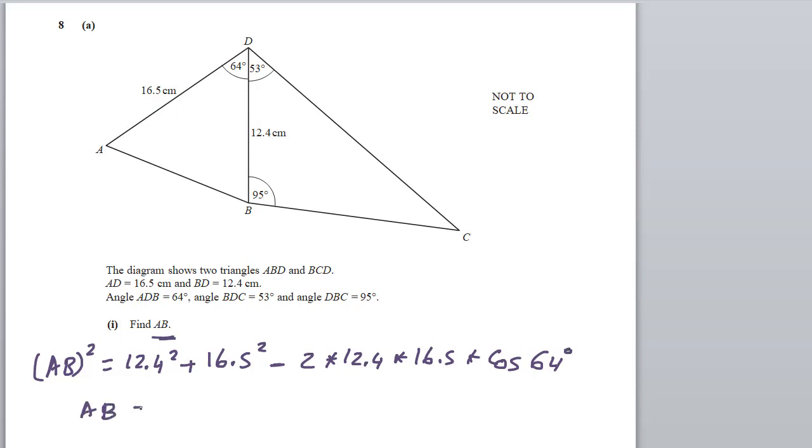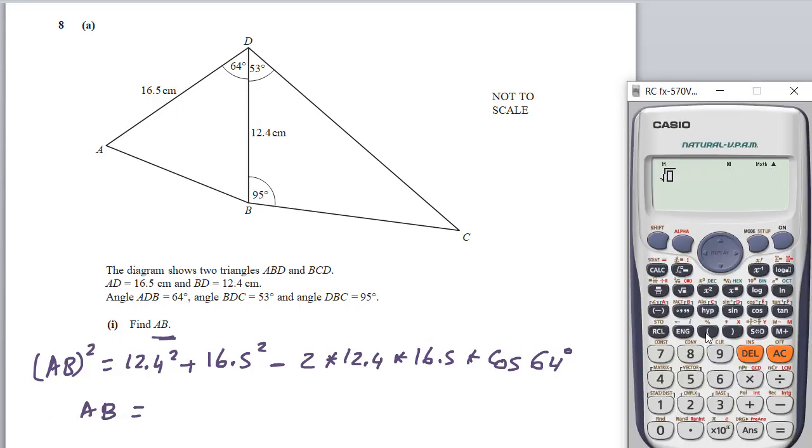So AB equal to the square root of, open the bracket, 12.4 squared plus 16.5 squared minus 2 multiplied by 12.4 multiplied by 16.5 multiplied by cosine 64.